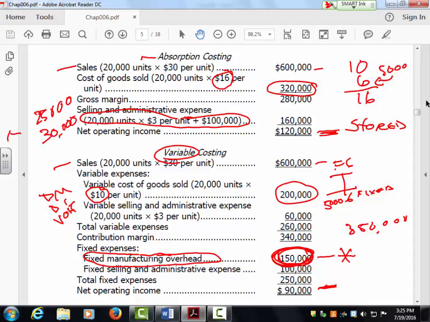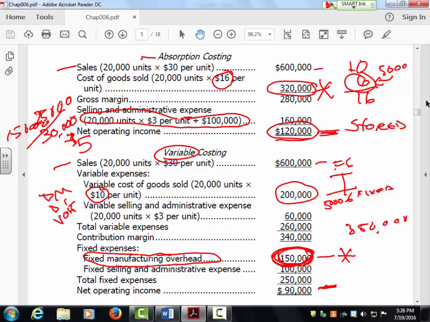So the 150 divided by the 30,000 would now be $5 instead of 6. So we just lowered the cost that hits the income statement by overproducing. By overproducing, our net income will be higher. When our net income is higher, managers make bigger bonuses.